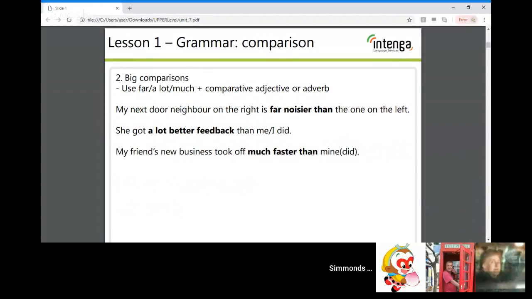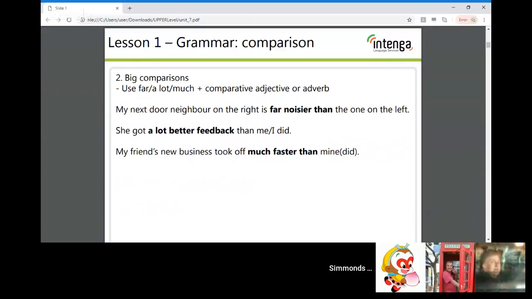Okay. Two big comparisons used for a lot, much, plus comparative adjective or adverb. My next door neighbor on the right is far noisier than the one on the left.